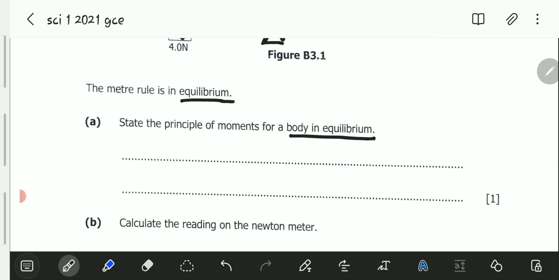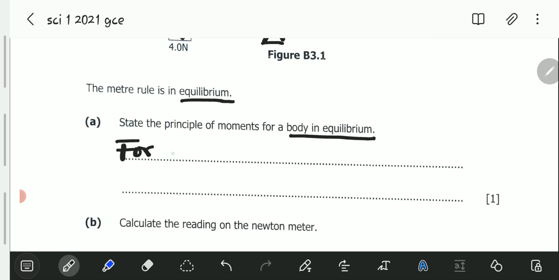Allow me just to start by stating that for a body in equilibrium. I'm not so comfortable just starting at the sum of clockwise moments is equal to the sum of anticlockwise, just because they've mentioned it there, so let's start from the beginning.